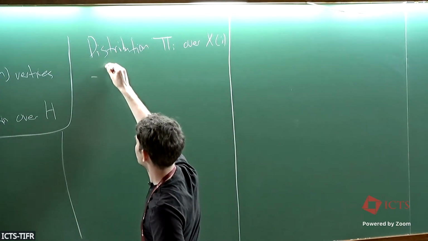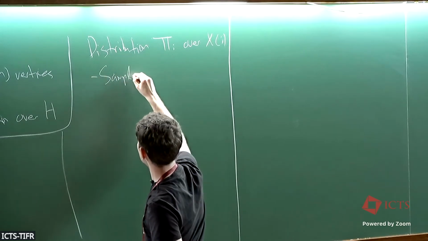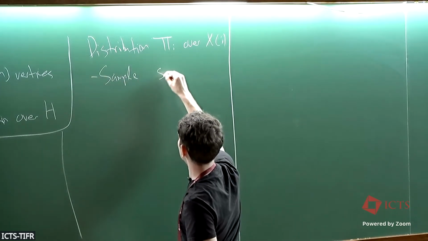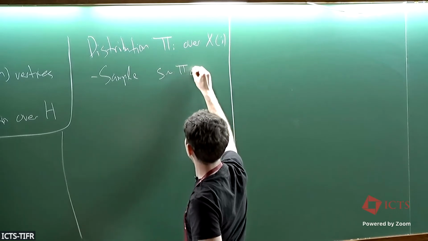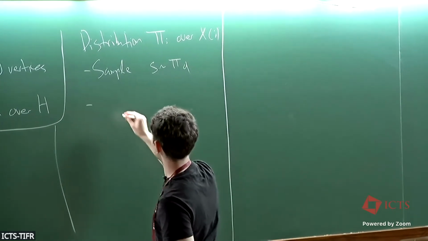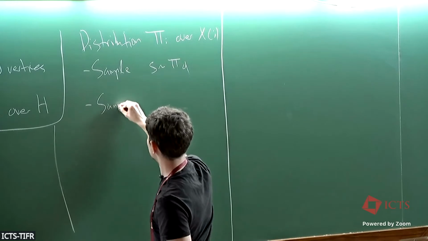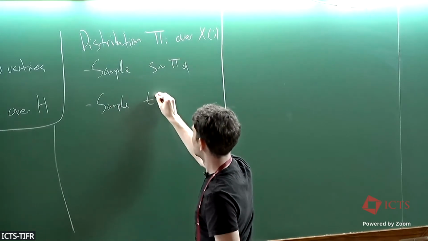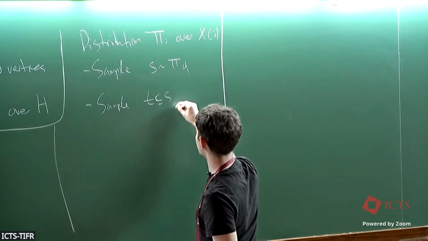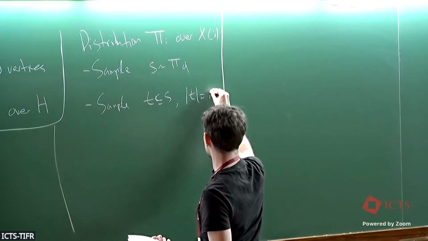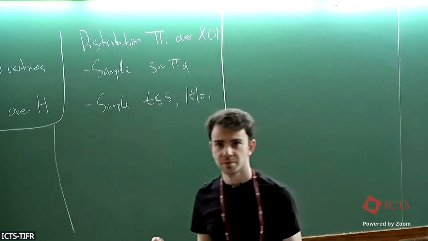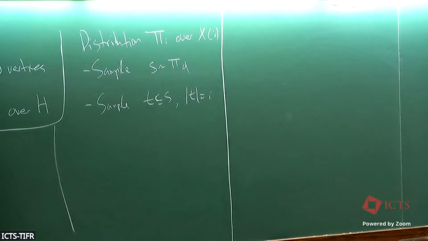So the following process that I just said: we'll sample S, a D-tuple, from pi D, and then we'll sample uniformly at random a subset T of S, where the size of T is i. Okay, so this gives us a series of distributions over each level of the complex.